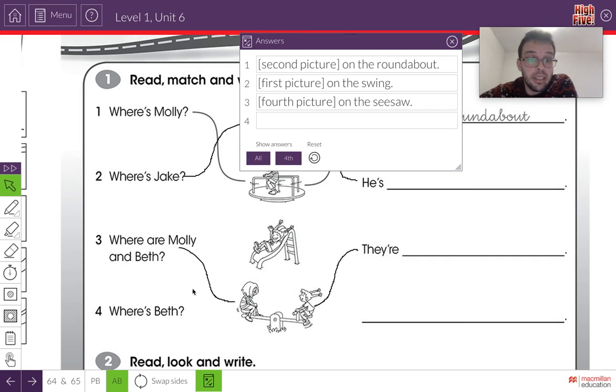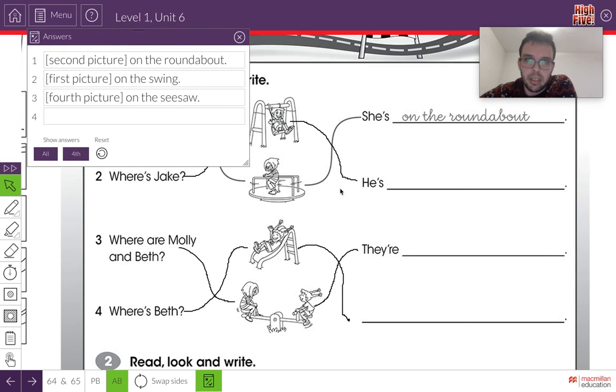And number 4, okay, where's Beth? Now there's only one picture left, which is here. Here's Beth. And then we'll do the line here. Okay. So where is Beth? Now, because Beth's a girl, we have to say she.